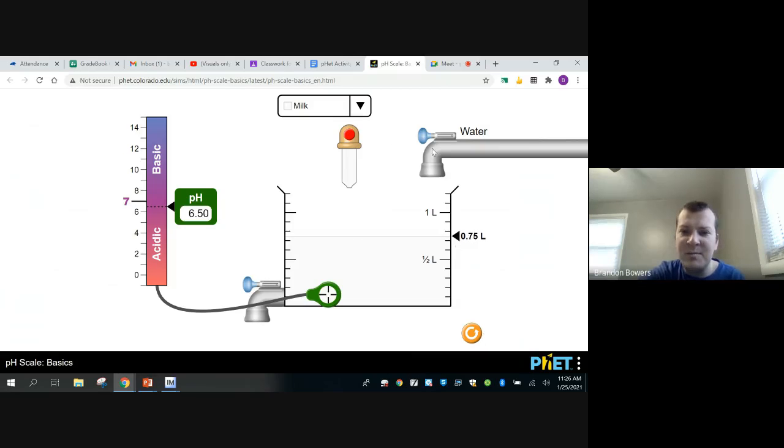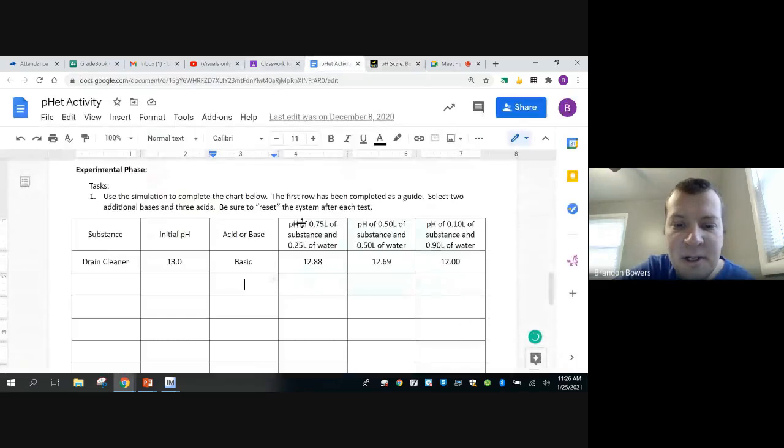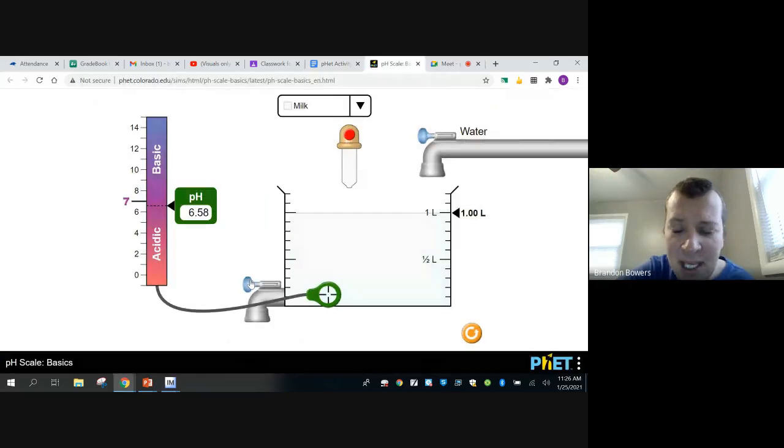So that much milk. The rest I have to add water. A little bit more, a little bit more. There we go. Now my pH is 6.58. So you're going to put 6.58 there, and you're going to keep doing this to determine the different pHs when water is mixed.